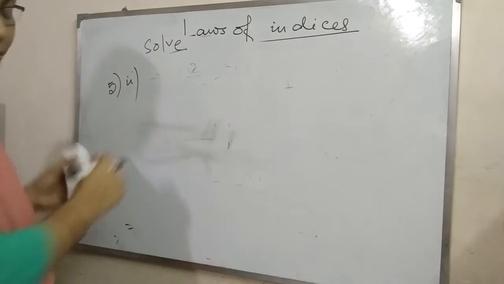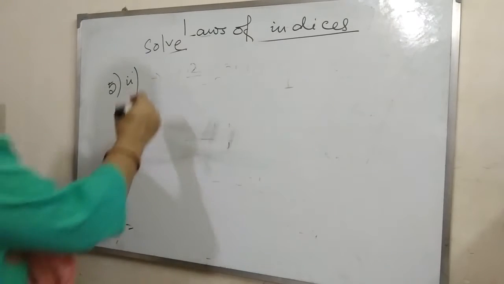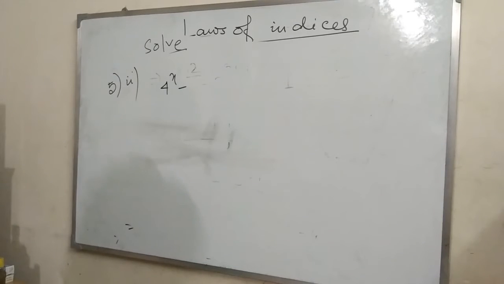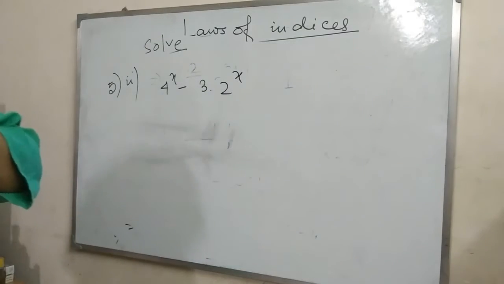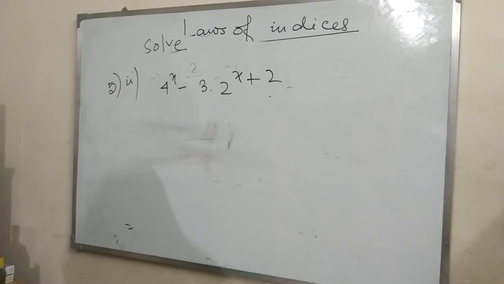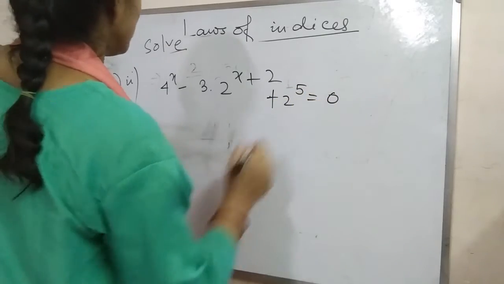Sum number 2. Second sum is 2 to the power 2x minus 3 into 2 to the power x plus 2 to the power 5, this is equal to 0.